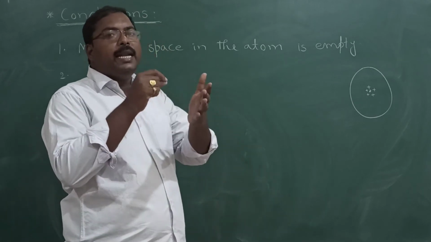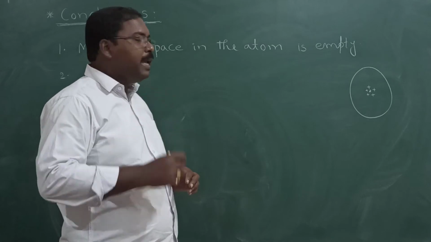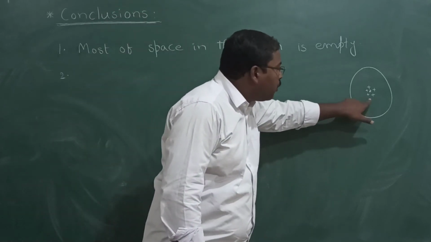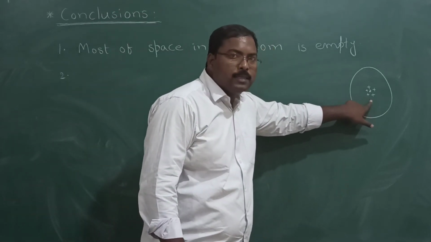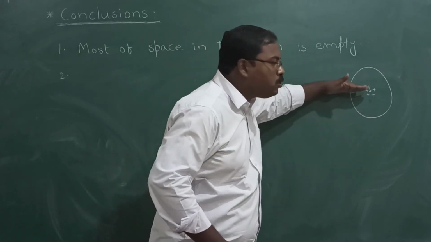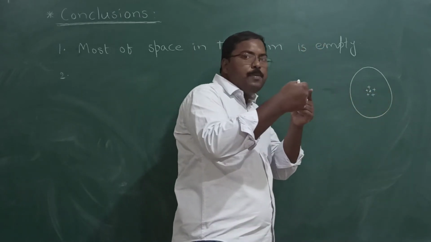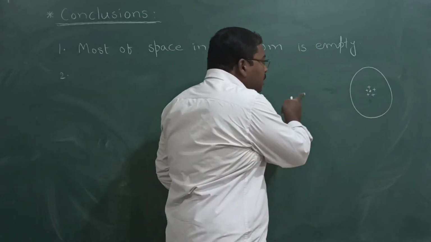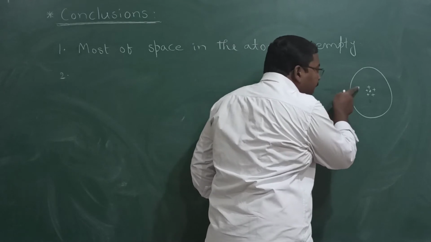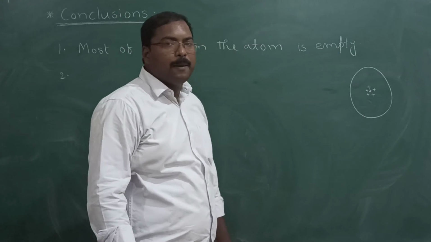The center of the atom is named by Rutherford as nucleus. And the nucleus contains these protons. So charge of protons is positive. Our alpha ray is also a positive ray. When both are positive, same charge, they repel each other. So that is why when they come nearby the nucleus, they change the direction.